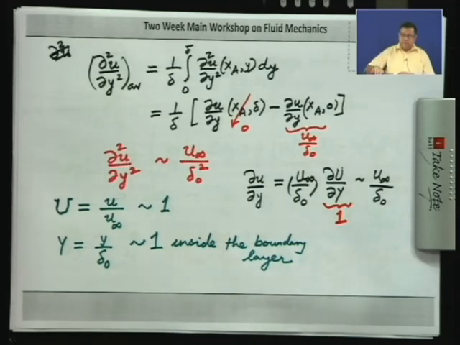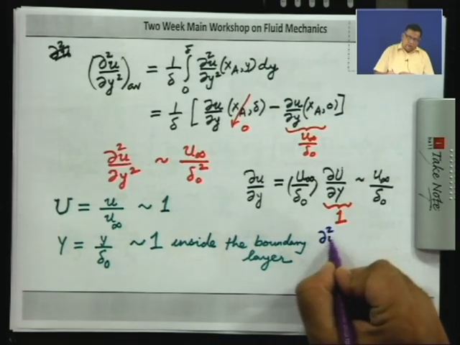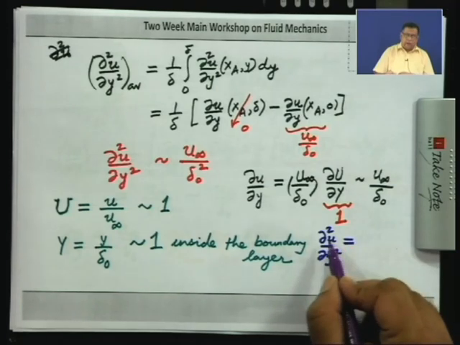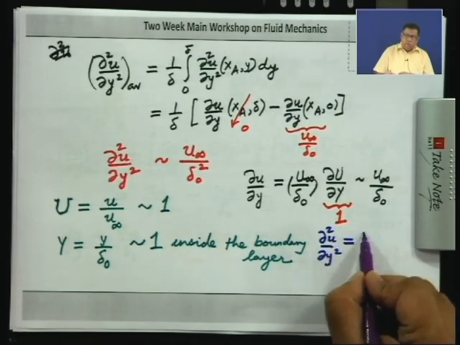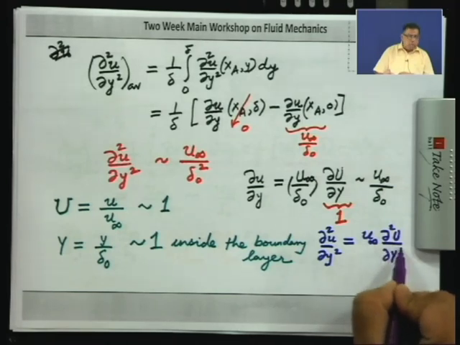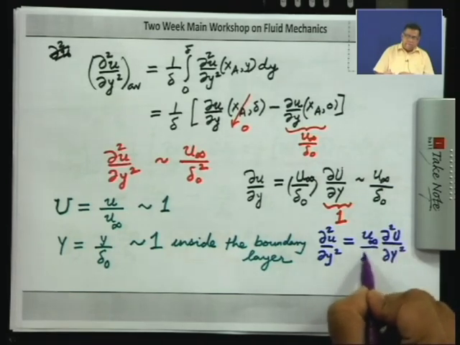So, similarly, if I write down del 2 u del y square, this is a dimensional quantity. Now, u is u infinity times capital U. So, you are going to have u infinity in del 2 capital U, and here you will get del capital Y squared, and here you will get delta naught squared.